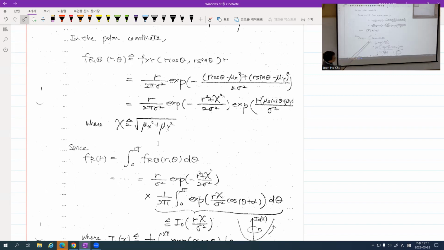Here we cut off, something like this. Is it correct? I believe so.